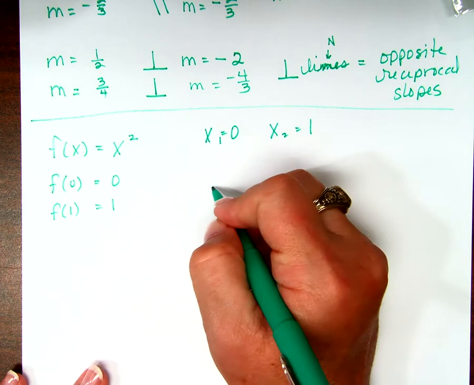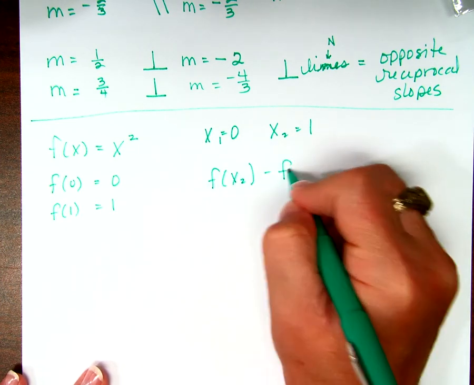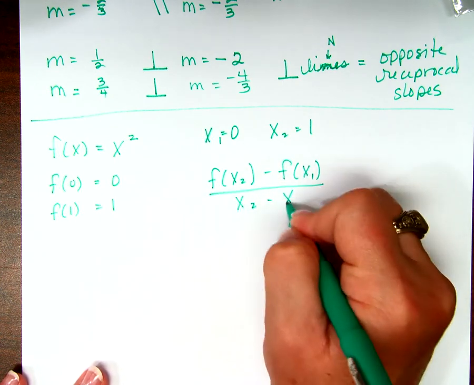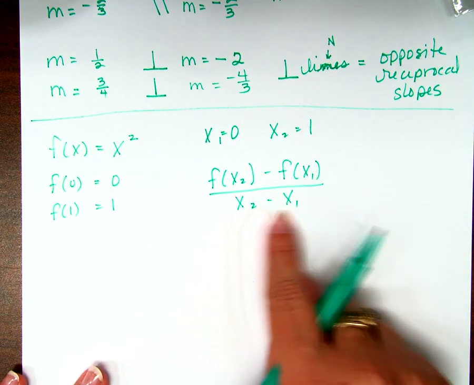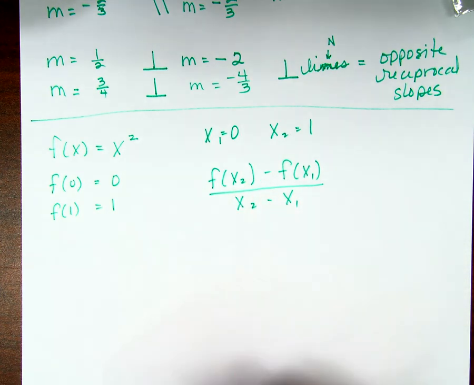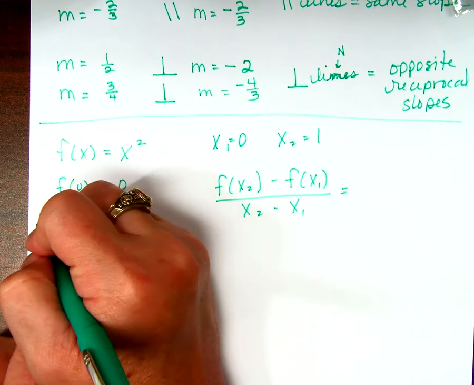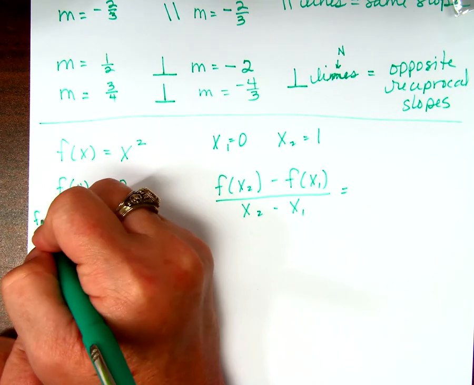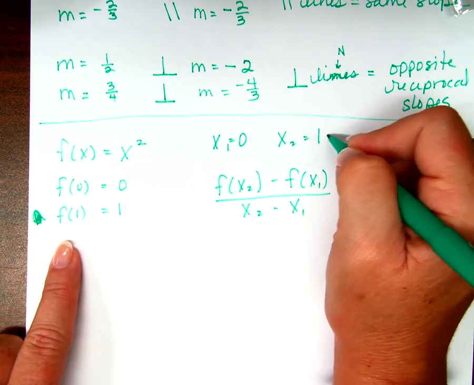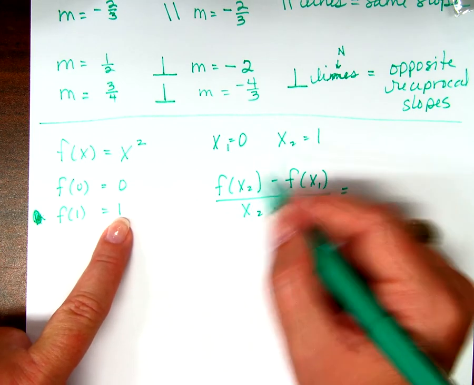Okay? So we would use this formula, quote unquote formula, because it's something you already know. Change in y's over change in x's. Changes of the value of the function over changes of the x value. Well, x sub 2 is 1, so the value of the function would be this one, because that's the value of the function at 1.